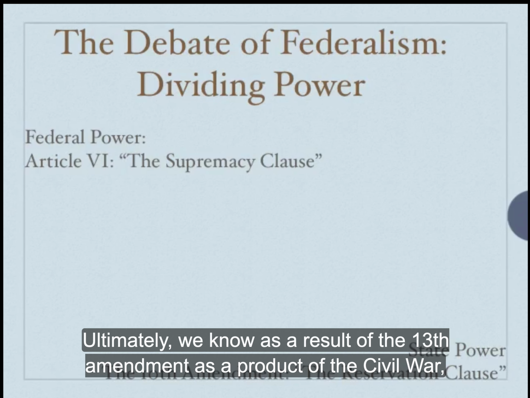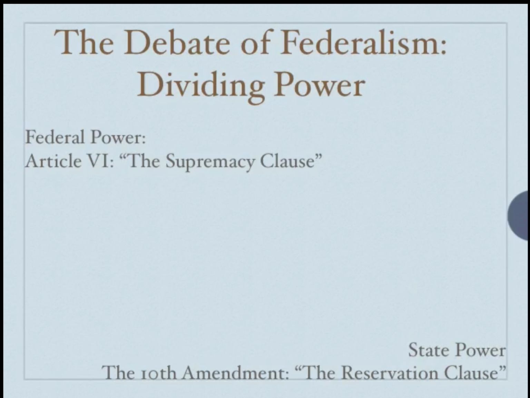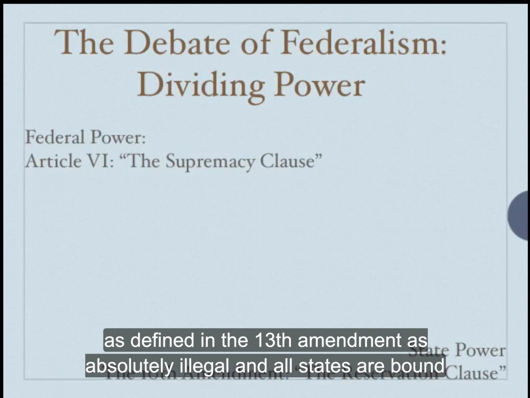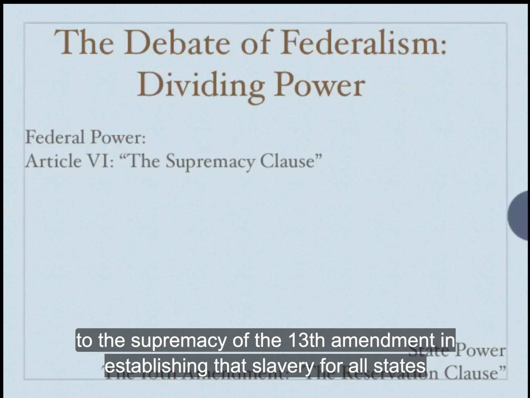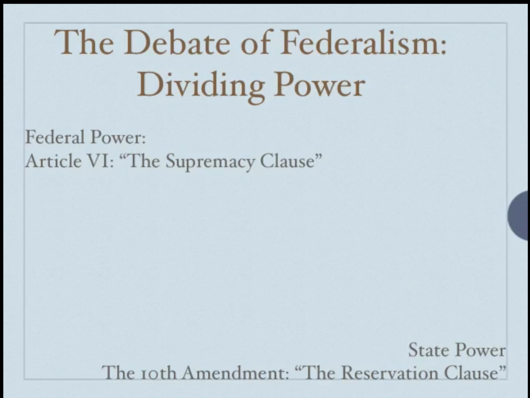Ultimately, we know, as a result of the 13th Amendment, as a product of the Civil War, slavery is an issue that falls into the supreme law of the land as defined in the 13th Amendment as absolutely illegal, and all states are bound to the supremacy of the 13th Amendment in establishing that slavery for all states in all parts of the country is illegal.